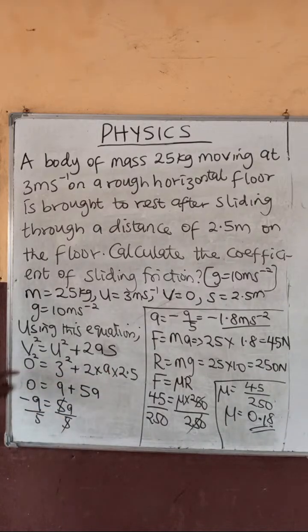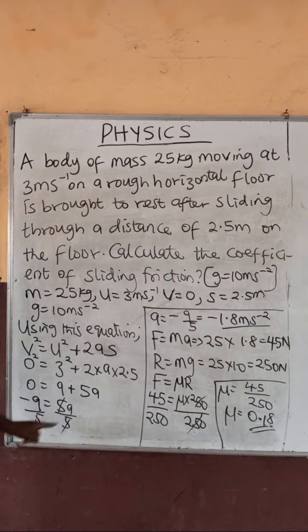Now, 0 squared is 0, equals 3 squared, which is 9, plus 2 times 2.5, which gives 5, that is 5A. Because I'm looking for A, I take the 9 to the other side, giving minus 9 equals 5A.